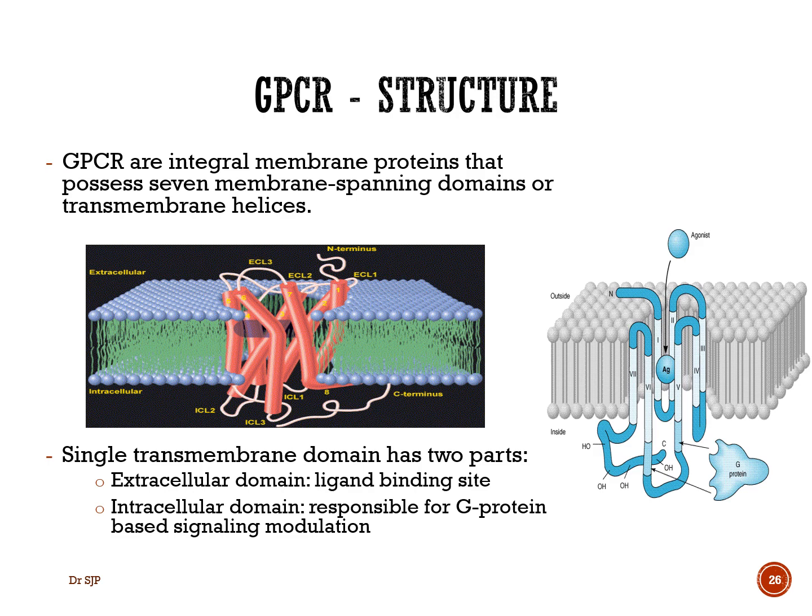And when we talk about the GPCR structure, GPCRs are integral membrane proteins that possess 7 membrane spanning domains or transmembrane helices. And these G proteins are heterotrimeric molecules, that is, they have 3 subunits, which are alpha, beta, and gamma.